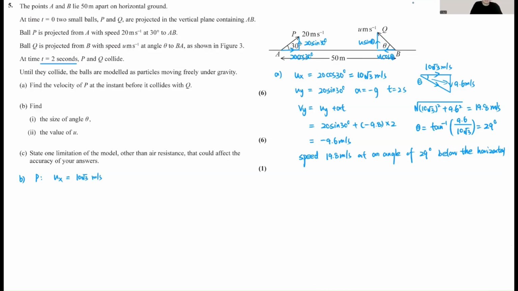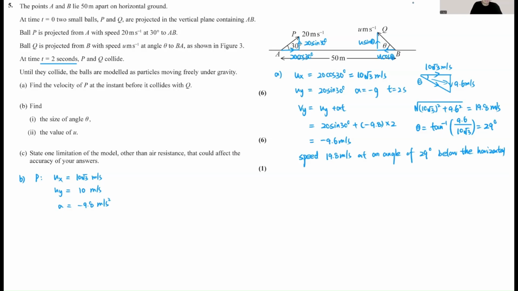And then the vertical component, the initial velocity uy, is equal to 20 times sine 30. So that should just be 10 meter per second if we put it in the calculator.